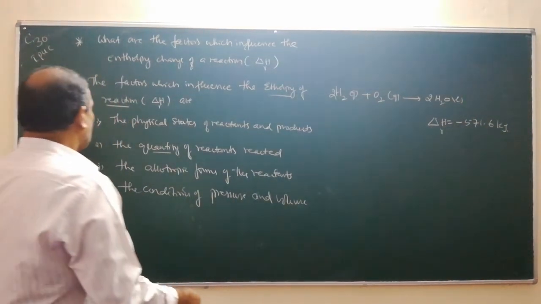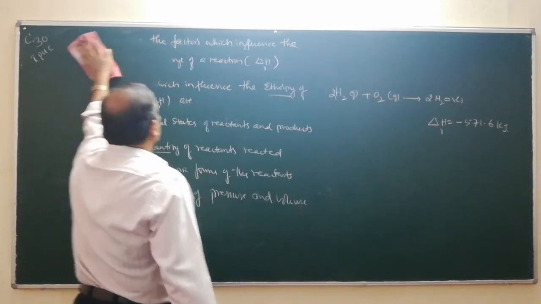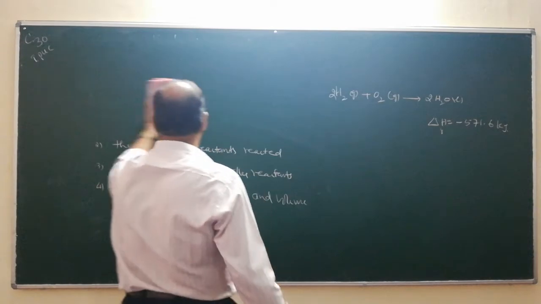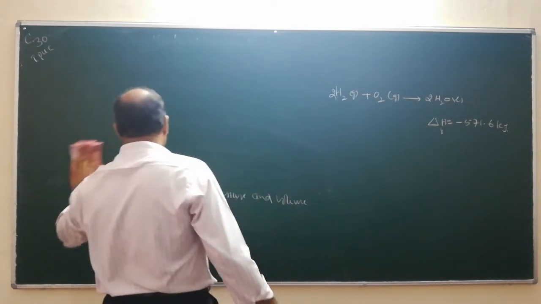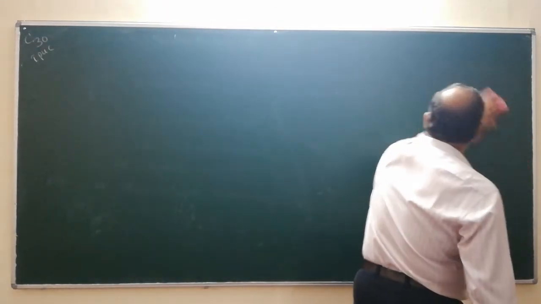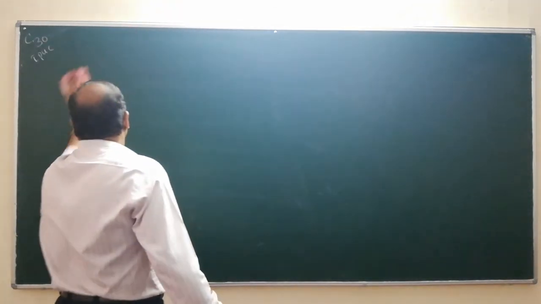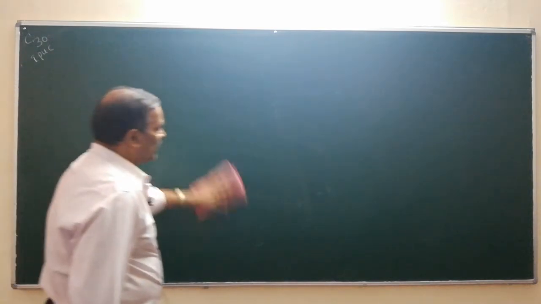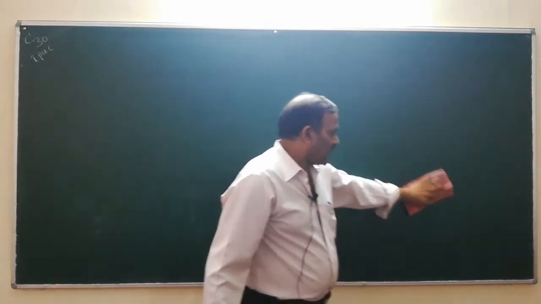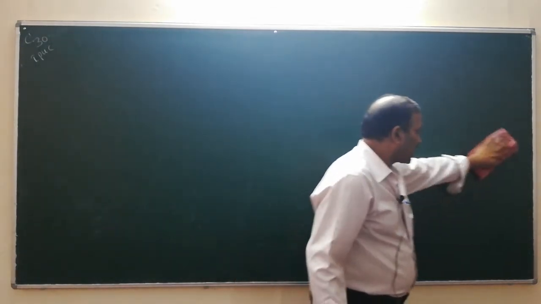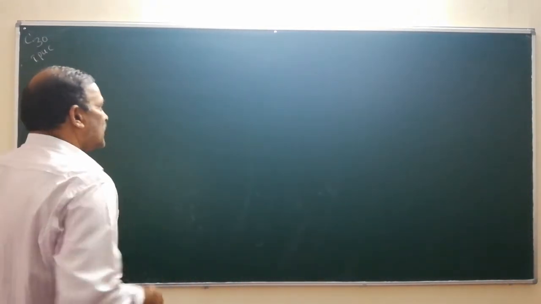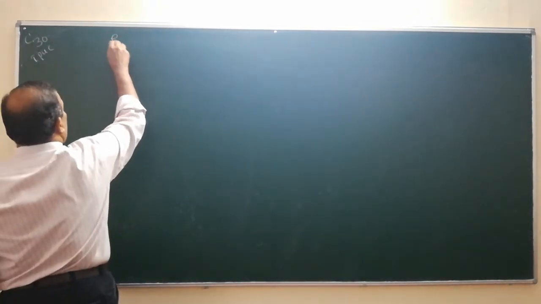So we know what is enthalpy of reaction, standard enthalpy of reaction, what is the standard state of a substance, and what are the factors which influence the enthalpy of reaction. Now we will understand enthalpies of different types of reactions. All these definitions are very important.